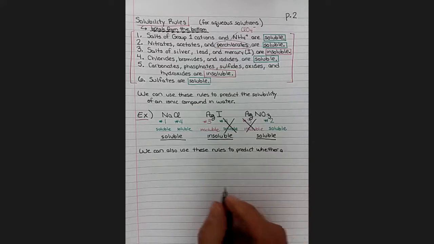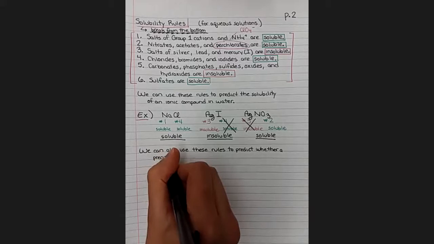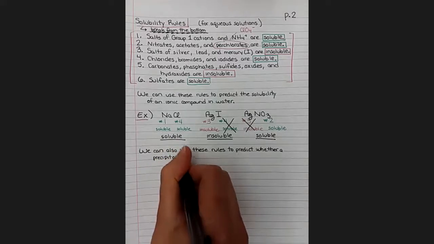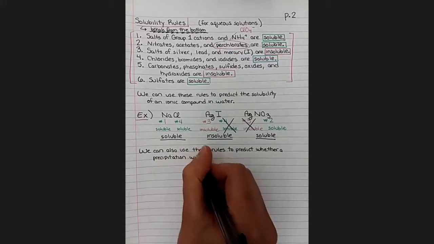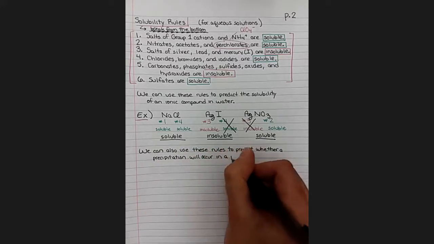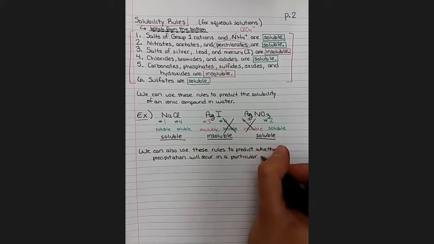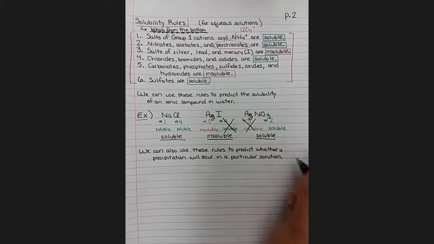We can use these rules also to predict whether a precipitation reaction will occur in a particular solution. So if I take two salts and I mix them together, am I going to get a solid, or am I just going to get a mixture of ions?